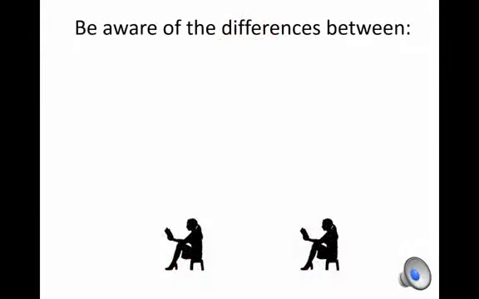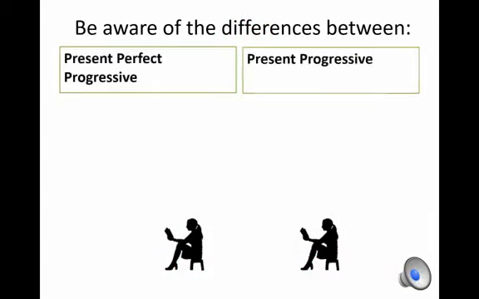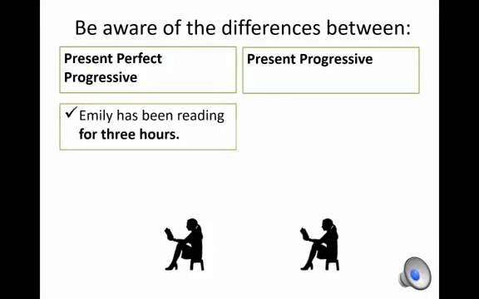Be careful. You need to be aware of the differences between the present perfect progressive and the present progressive. For example, we can say, Emily has been reading for 3 hours to show that she started reading 3 hours ago and she's still reading.